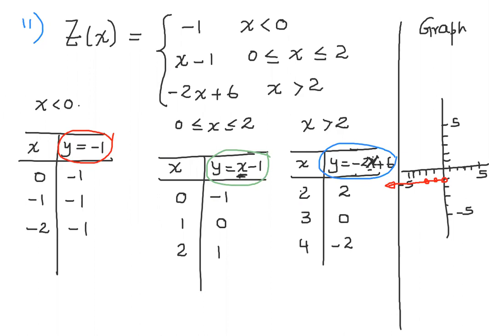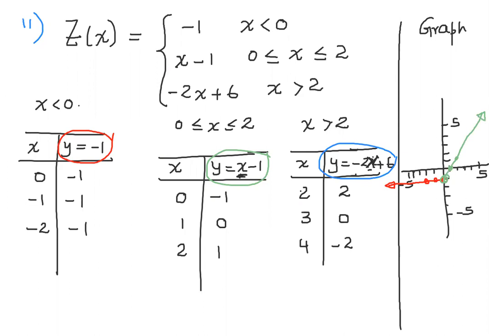Next, I'm going to use the green for the next one, and then again 0, negative 1, and it's included. So I'm going to close this point. Then 1, 0, and then 2, 1. So the line goes like this.